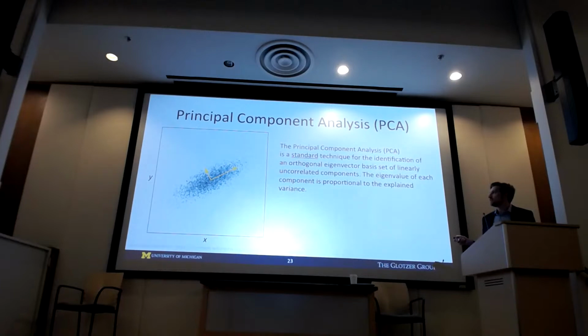So the idea is that we can find these directions and measure the variance. And then we can reduce the dimensionality of this space by dropping all the directions that don't seem that important. If you wanted to reduce from 2 dimensions to 1 dimension, in this case, we would tilt this point cloud, and then maybe we drop this direction completely, because it's not that important in describing the data.